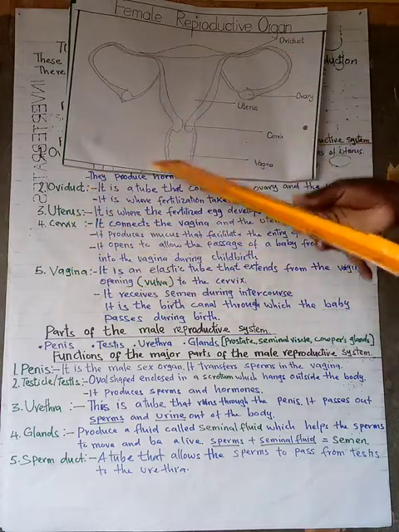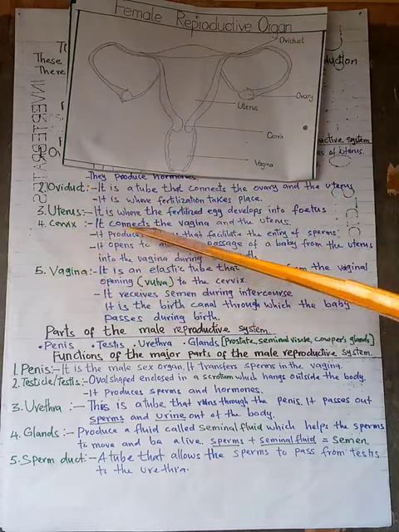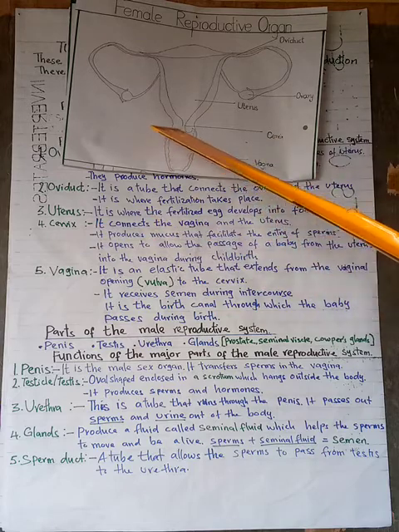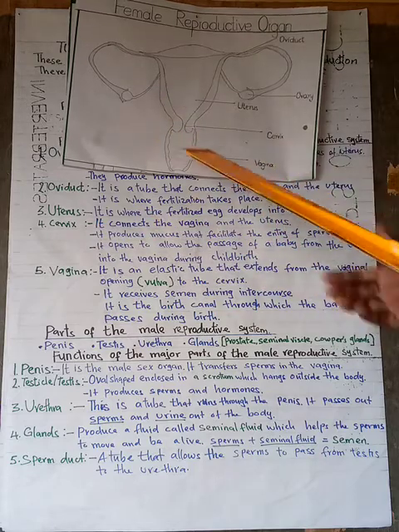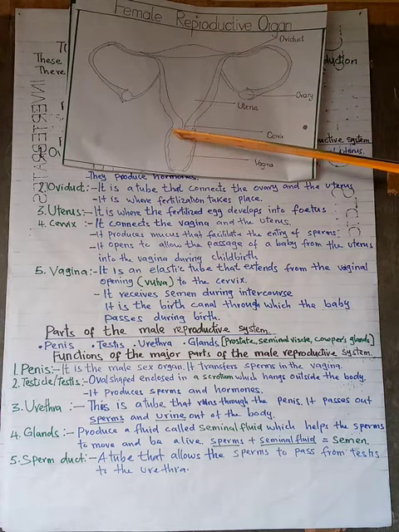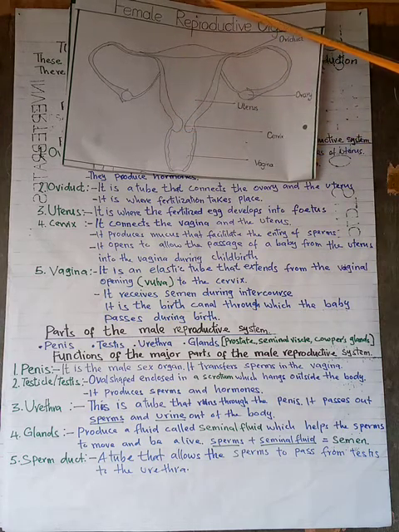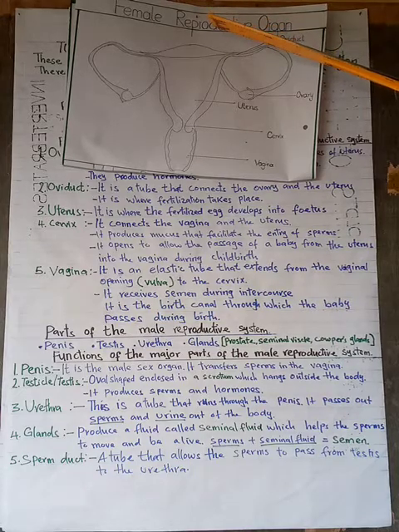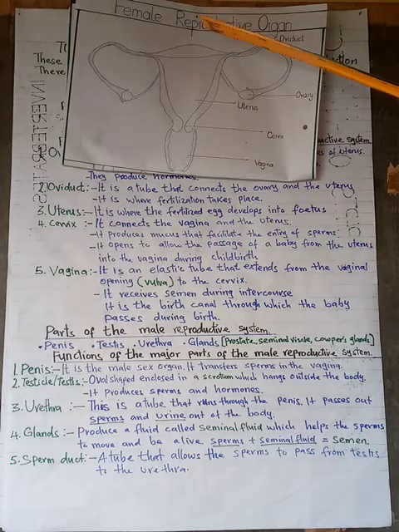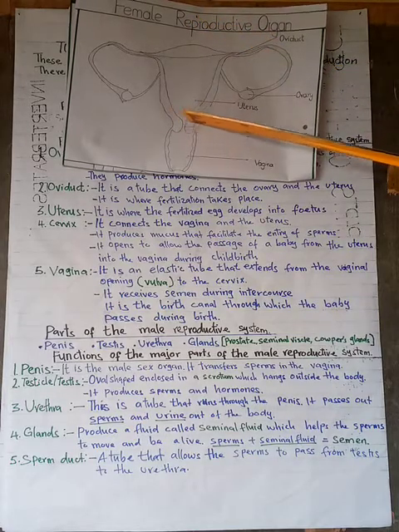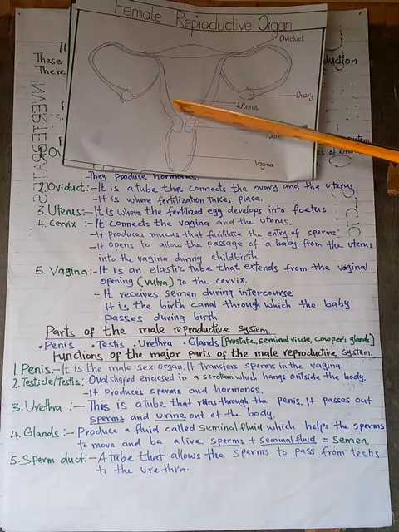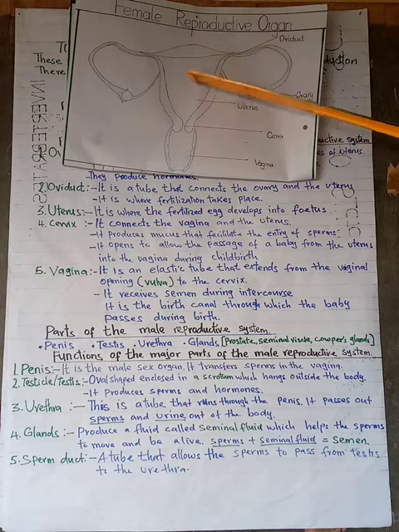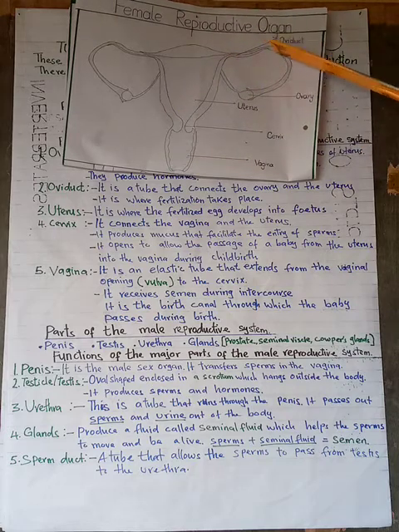The cervix connects the vagina and the uterus. Here is the cervix. It produces mucus that facilitates entry of sperms, so the mucus facilitates the passage of sperm into the uterus up to the oviduct.